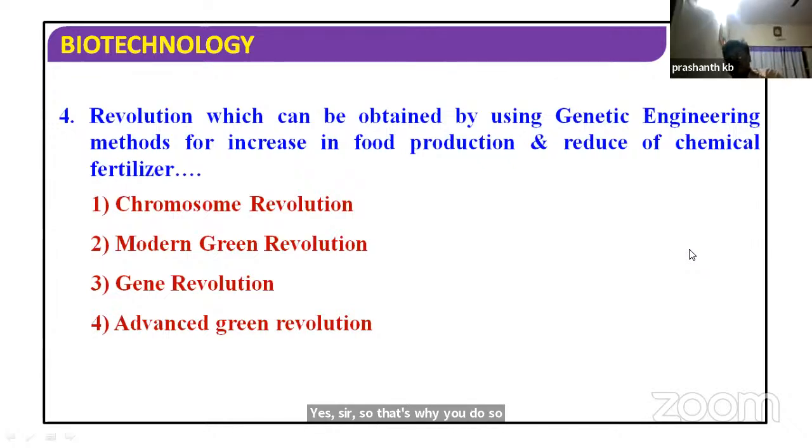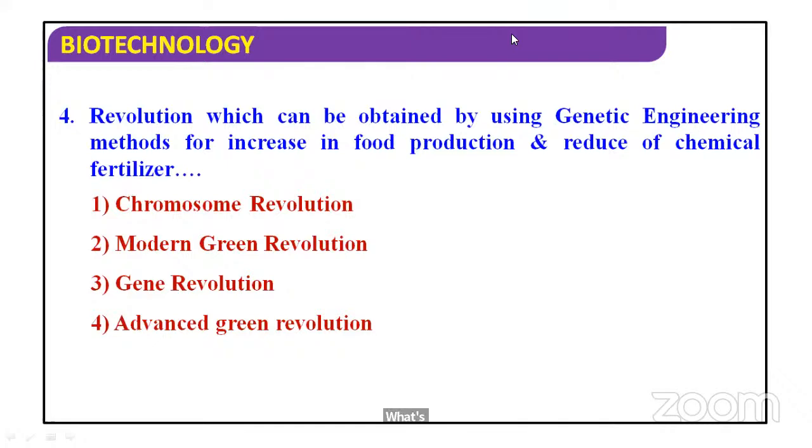Revolution which can be obtained by using genetic engineering method for increasing food production and reducing chemical fertilizer is called as. So, students, can you please raise your hand so that Anikesh can forward the answer? Nobody is replying, Anikesh? Students, please answer in the QA box or raise your hands.